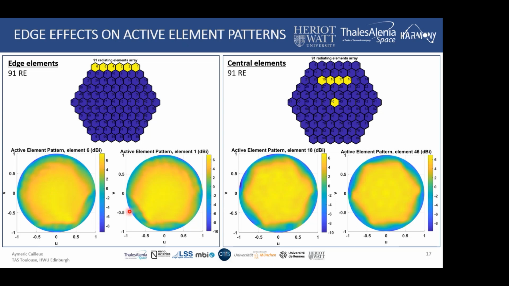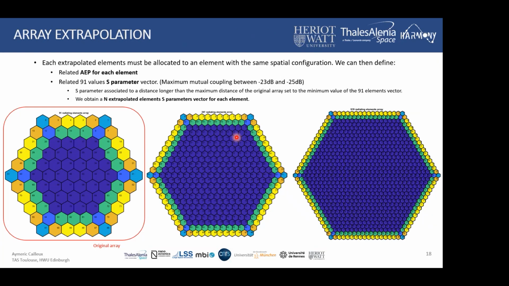And you can see that if you go to the central elements, then we start to have an average and to have the same active element pattern for all of them, or almost the same. So then if we want to do extrapolation of our array, we need to take that into consideration. So this is our 91 radiating elements array.